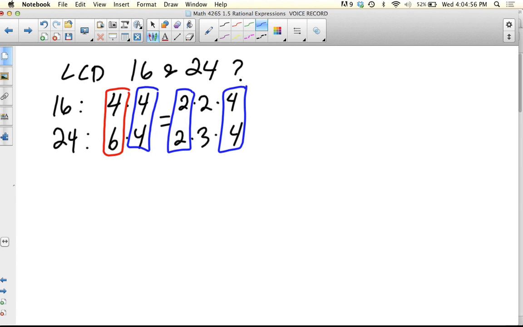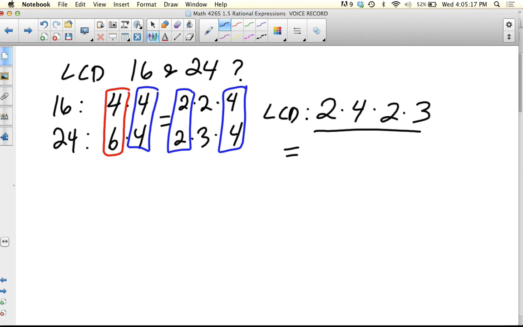So if we take one factor from each of these common groups, I'm going to put one of the 2's, one of the 4's, and then anything left over, which is 2 and 3. So my lowest common denominator, if we multiply them all together, is 2 times 4 is 8, times 2 times 3 is 6, so that's 48.